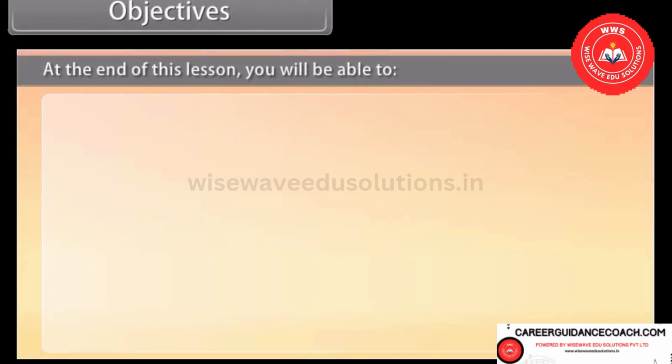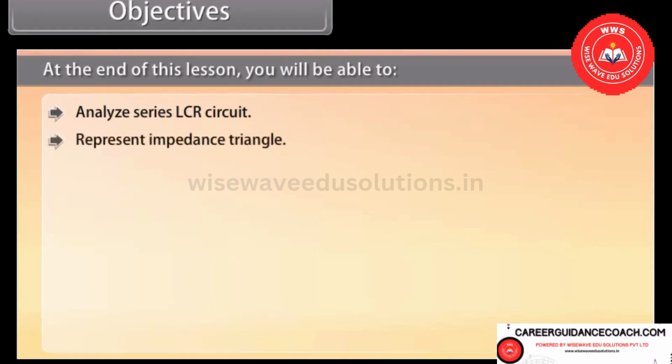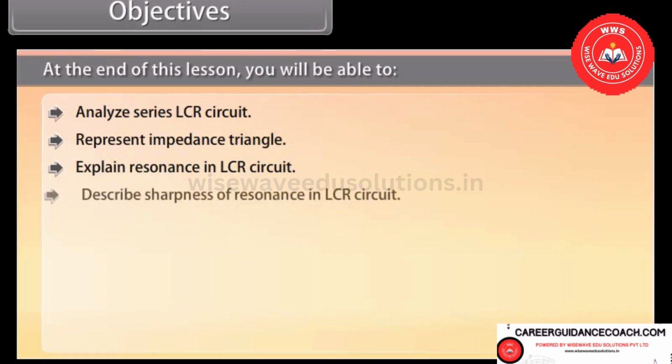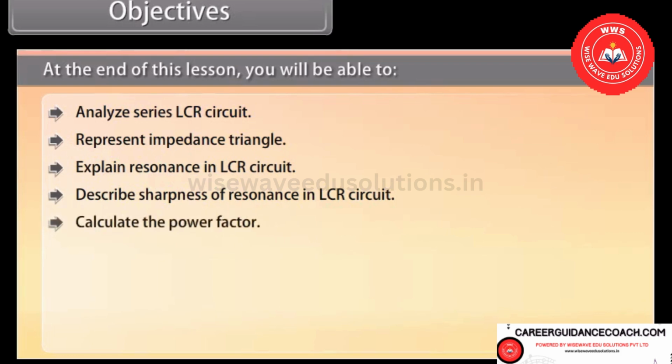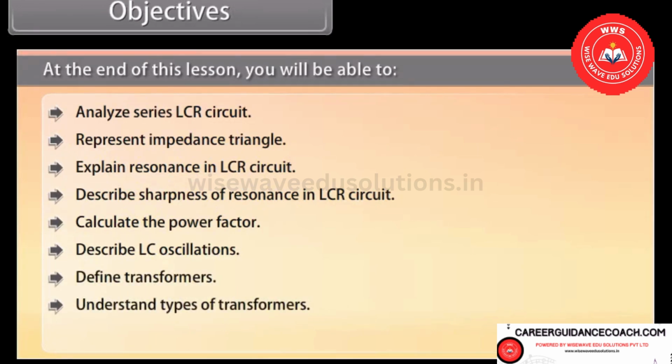At the end of this lesson, you will be able to analyze series LCR circuit, represent impedance triangle, explain resonance in LCR circuit, describe sharpness of resonance in LCR circuit, calculate the power factor, describe LC oscillations, define transformers, understand types of transformers, explain energy losses in transformers.